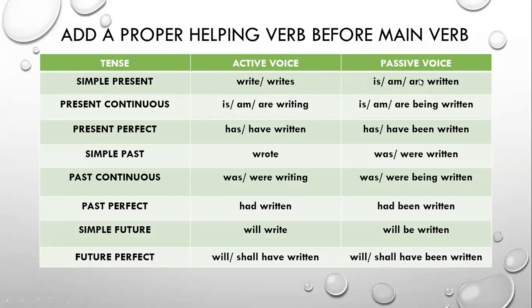So write becomes written and helping verb is, am, or are, depending on the subject. If your subject is singular, you are going to use is. If your subject is plural, you are going to use are. And if it is first person, you are going to use am. So first form converts into is, am, are plus third form.